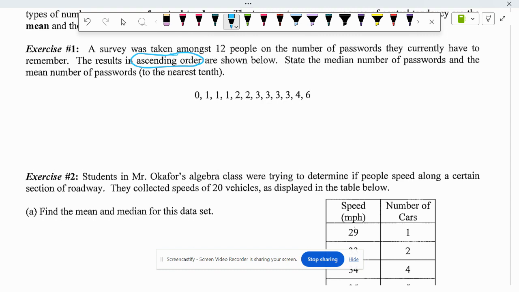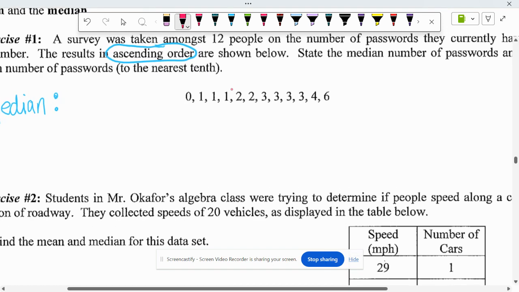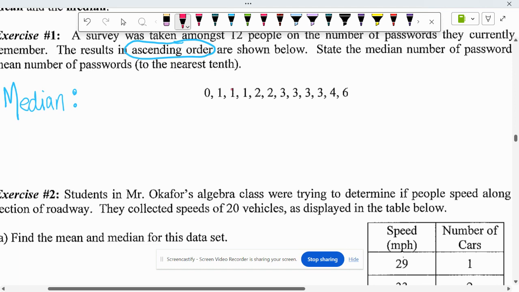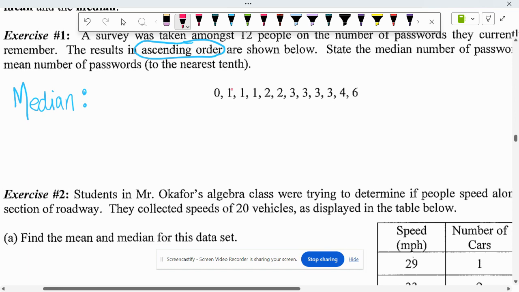So suppose we can't use our calculator for this. Suppose this is a no calculator question. How are we going to find the median? So there are 12 people. So what's the middle of 12? What's half of 12? So let's see. 1, 2, 3, 4, 5, 6.